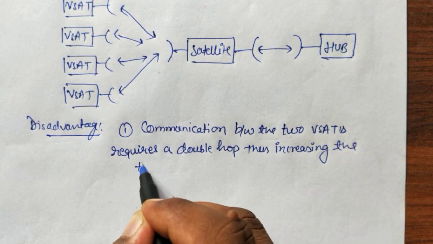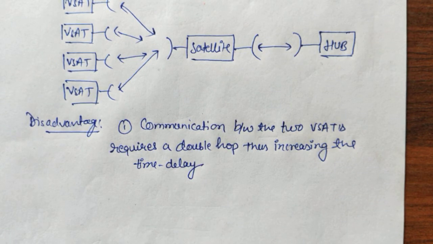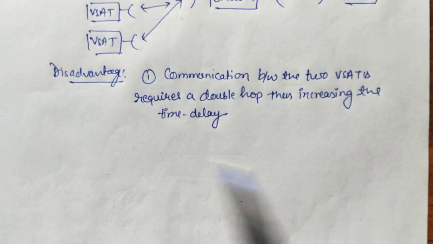Second, the low receive G/T of the Vsats, coupled with their limited transmit EIRP, is compensated for by using a large hub with a high G/T and EIRP, and the cost of the hub used is very high. So this is star topology.